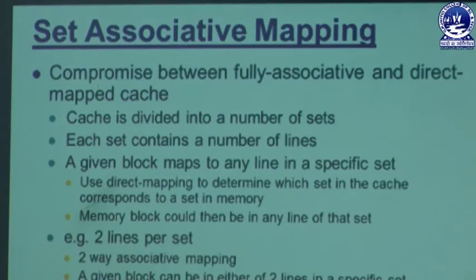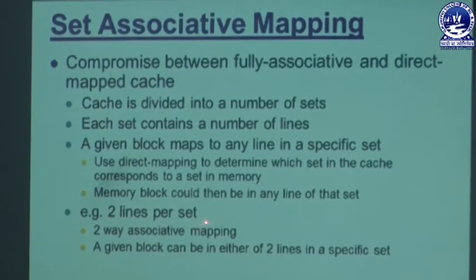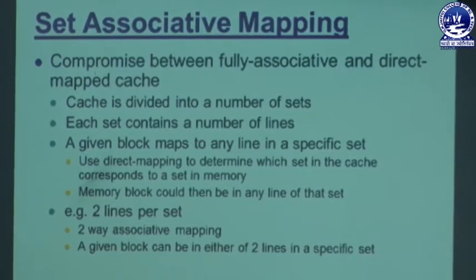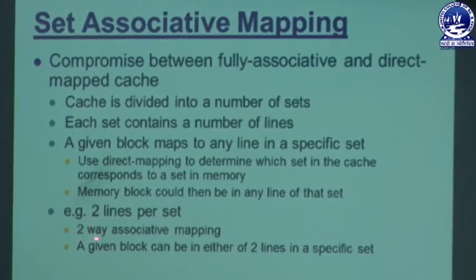Next, let us see 2 lines per set, L0 and L1. Then it is called two-way set associative mapping, and a given block can be in either of the 2 lines in a specific set. As I have told you, a set that includes 2 lines is called two-way set associative.